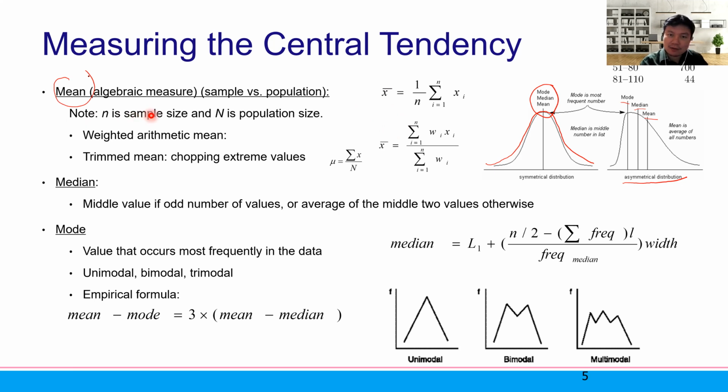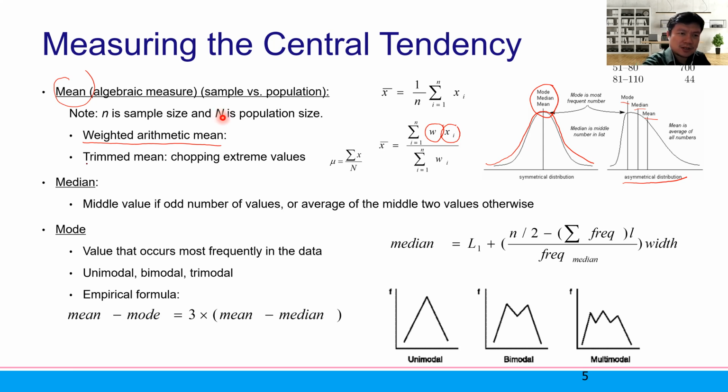In some other tools or kinds of data, you may need to use the weighted arithmetic mean. In the weighted arithmetic mean, you put a weight on every data point. You need to understand that this data is more important than other data, then you put more weight.